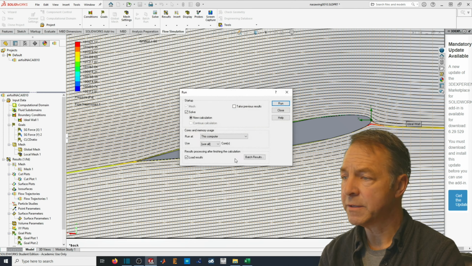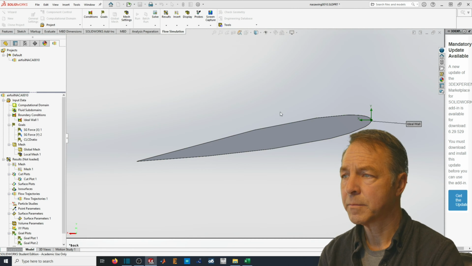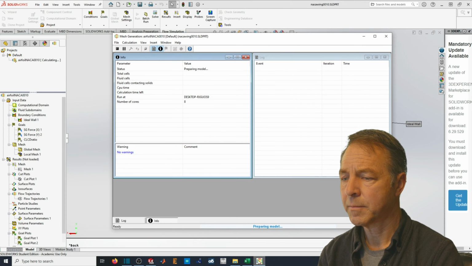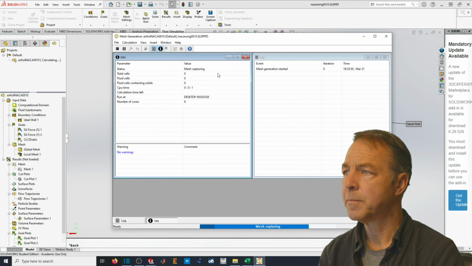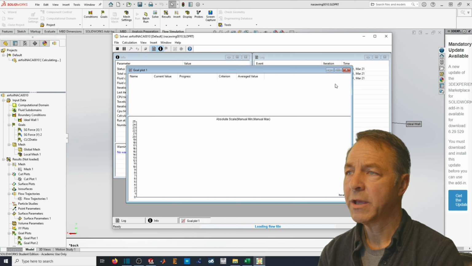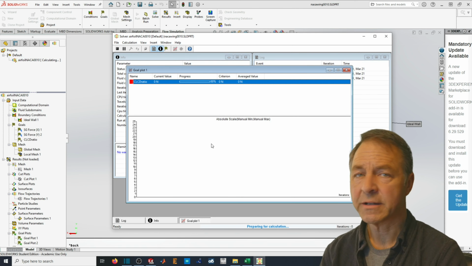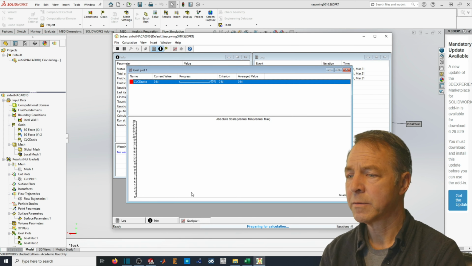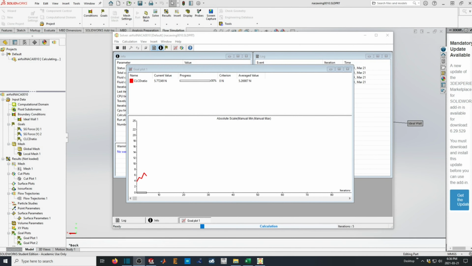And if we run this, now we have 56,000 cells contacting the surface. And you can see that there's a big change and big hunting of the ratio that I'm using as the goal.